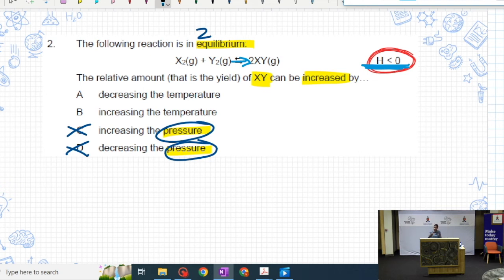Decrease it, because then our reaction will want to produce more heat. If we decrease the temperature, the reaction that will be favored is the one that will increase the temperature. And since this is an exothermic reaction, we're going to decrease the temperature, making the correct answer A.